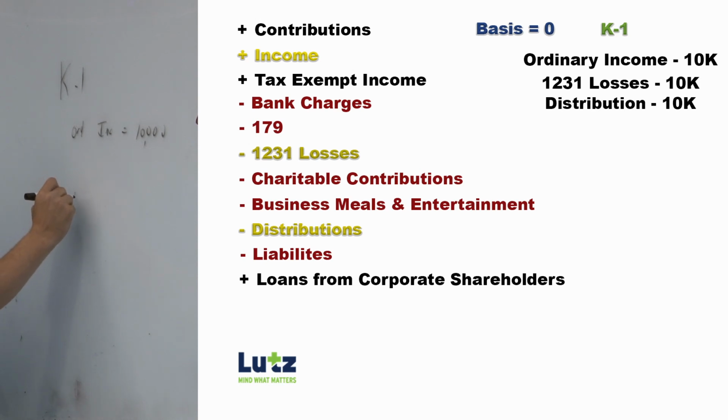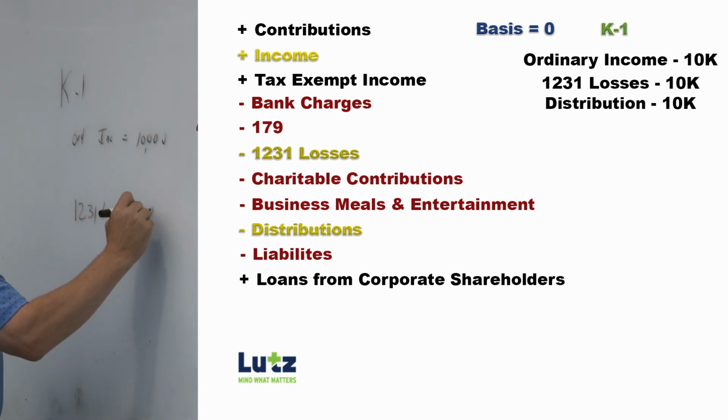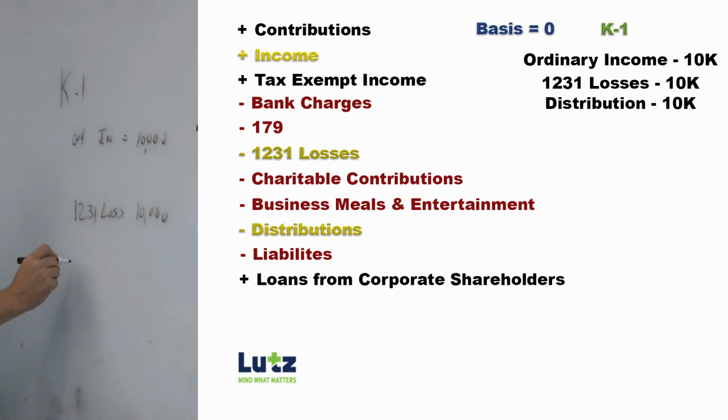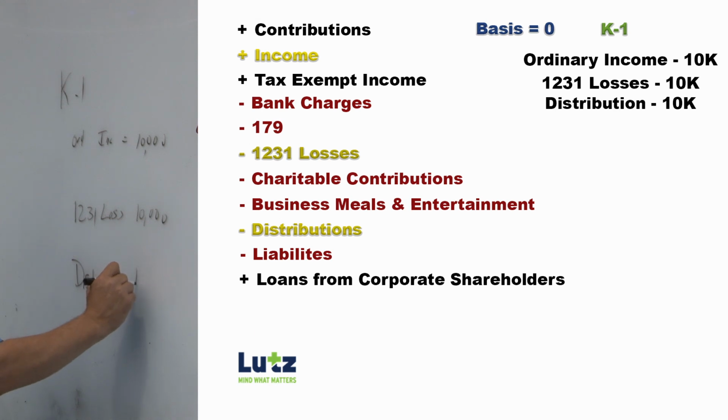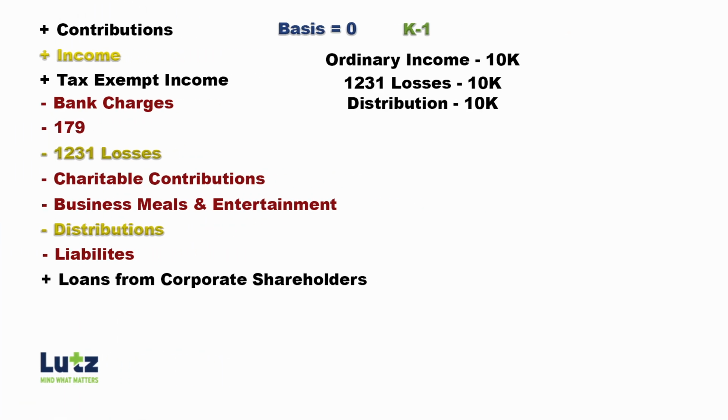And I have a 1231 loss of 10,000. And I have a distribution of 10,000. Does anybody know on any level how to diagnose, is my favorite word, what happens to the shareholder?